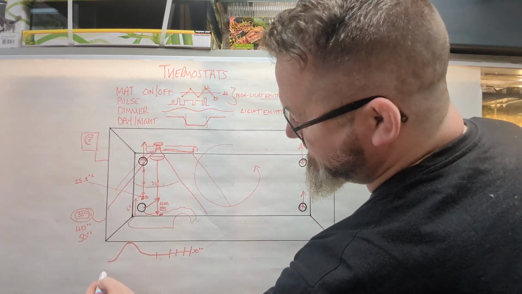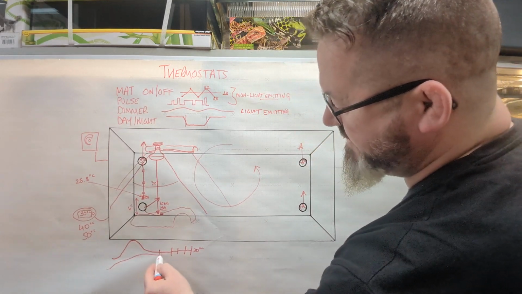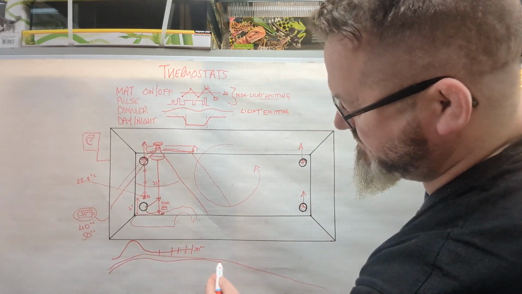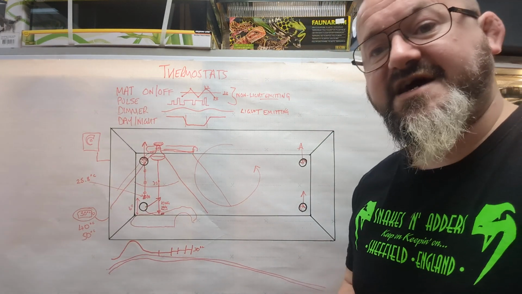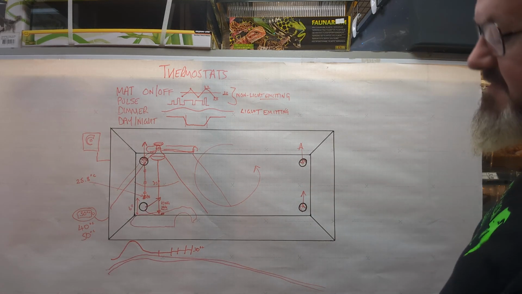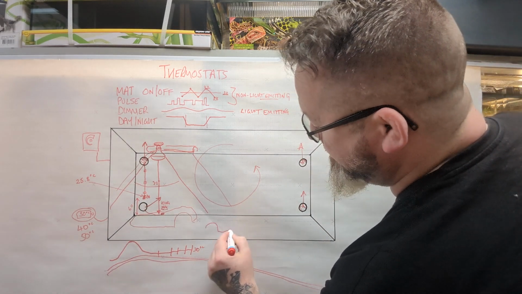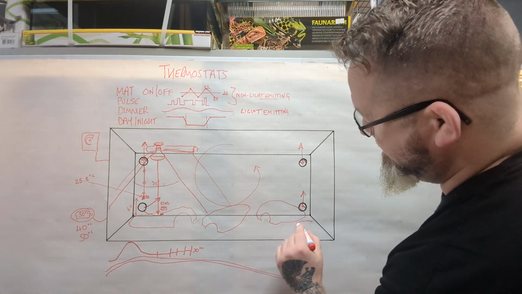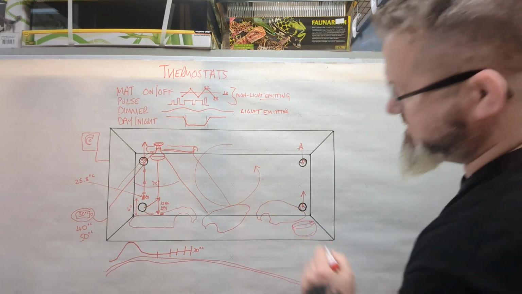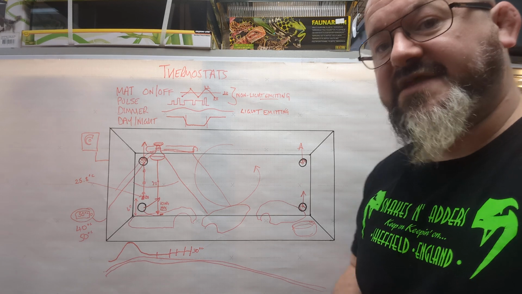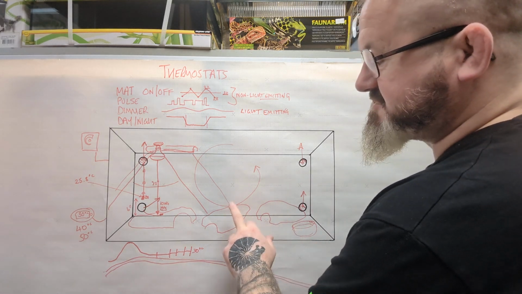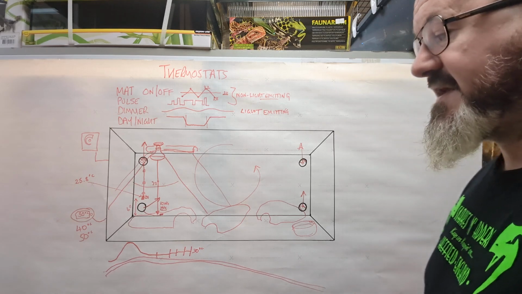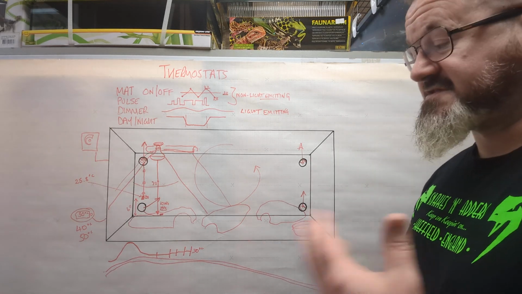So not only is there a thermal gradient, there is a photo gradient that runs roughly the same. So we've got light and dark, and then ideally we would provide security along the entirety of the length of our enclosure, so that your animal does not need to choose between security and the temperature it wishes to be. And this is a psychological thing. This is so it can settle in.